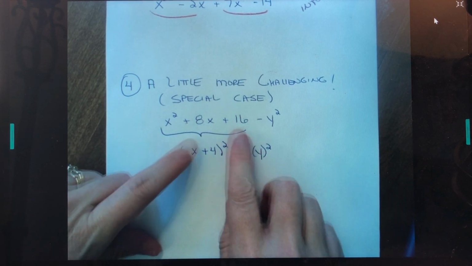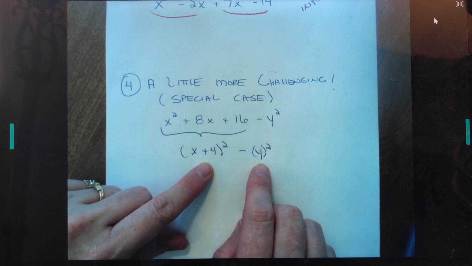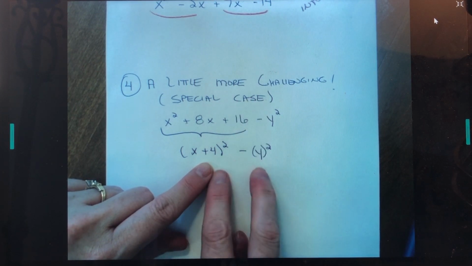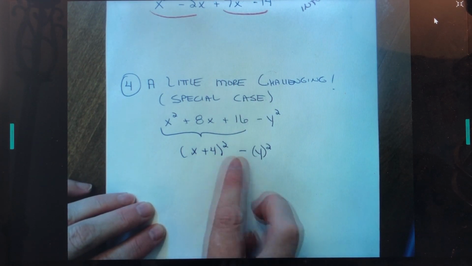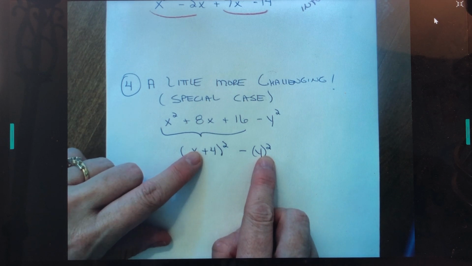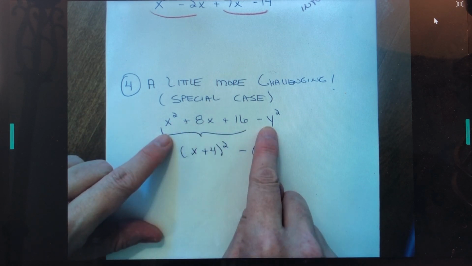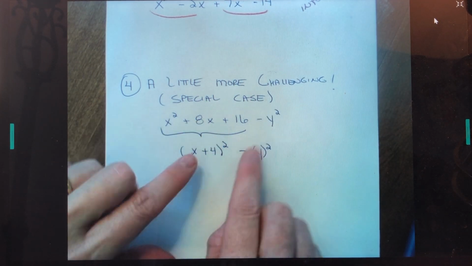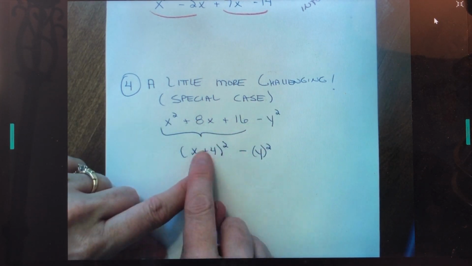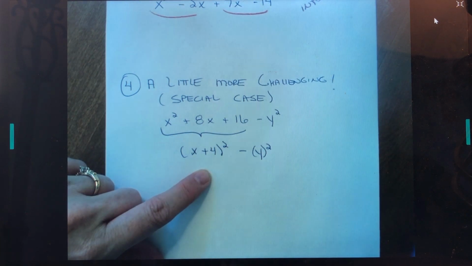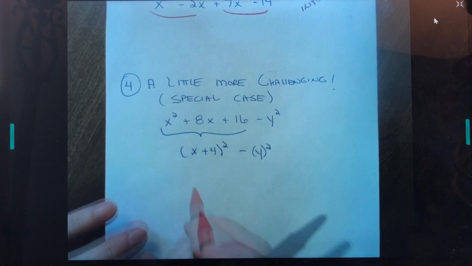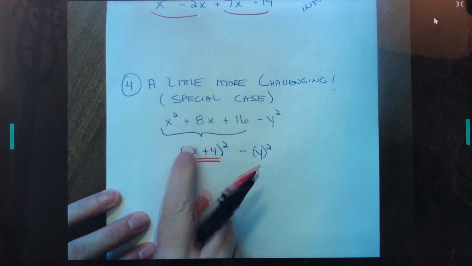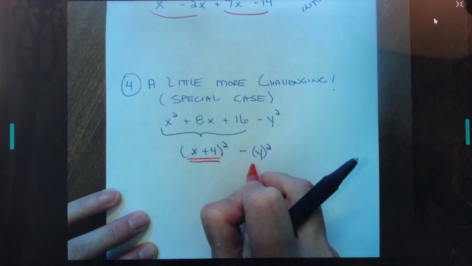And if you are able to see that, you see that this is a very unique problem. It's a special case, this is actually a difference of squares problem. So you take this four-term, recognize it's a trinomial with a square, and write it that way, and it becomes a difference of squares problem. And where this would be the a in that formula, and this would be the b.